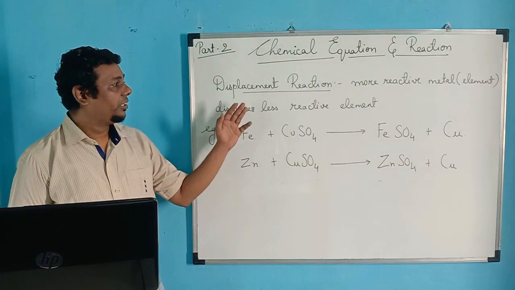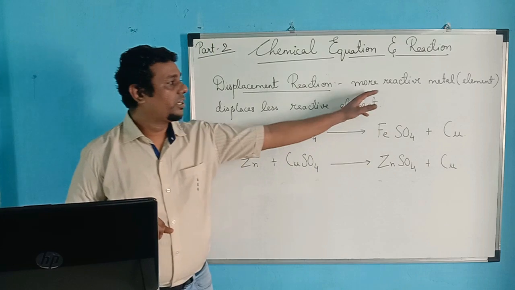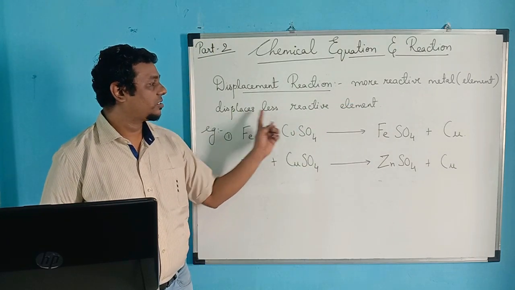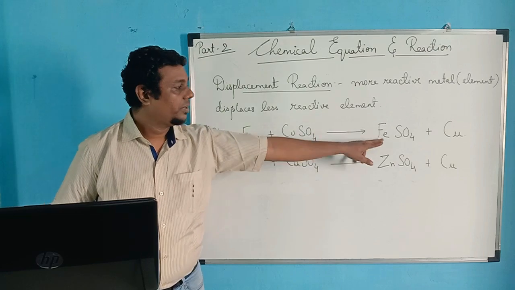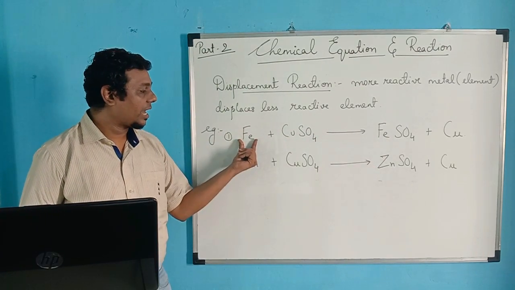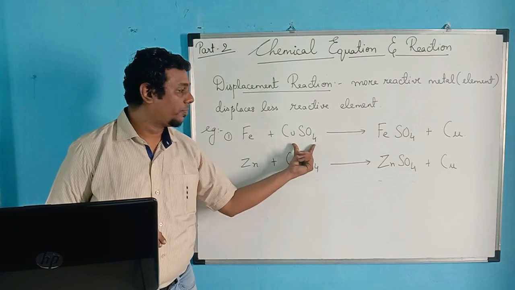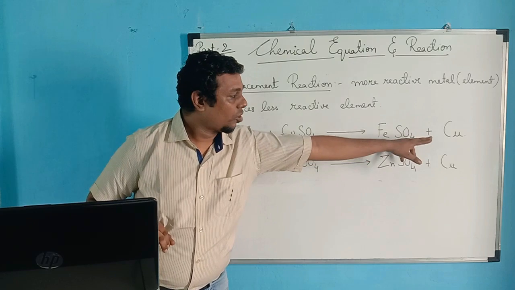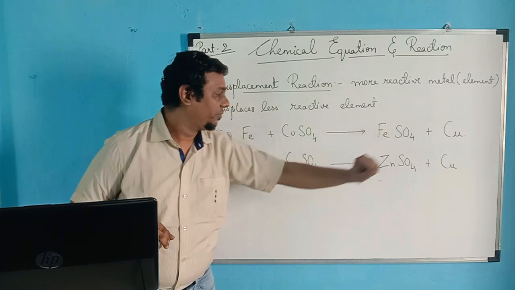So now, in a displacement reaction, a more reactive metal found in the reactants displaces a less reactive element and a new product is formed. Here you can see iron, when introduced in copper sulfate, gives you iron sulfate and copper is given off.